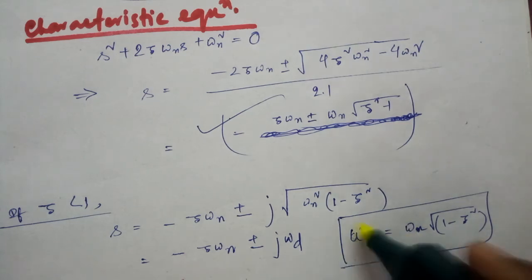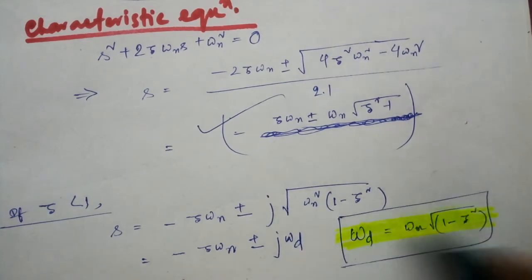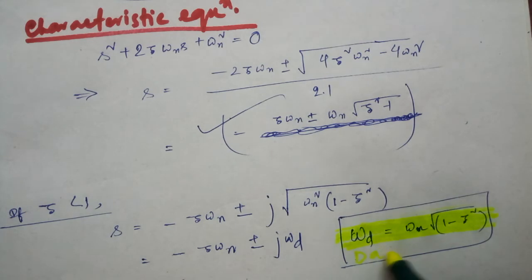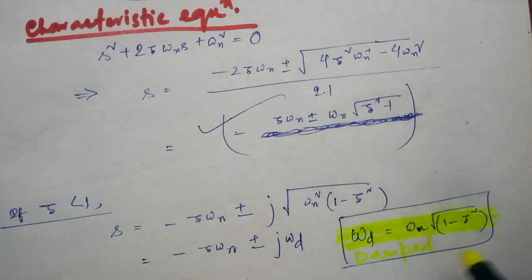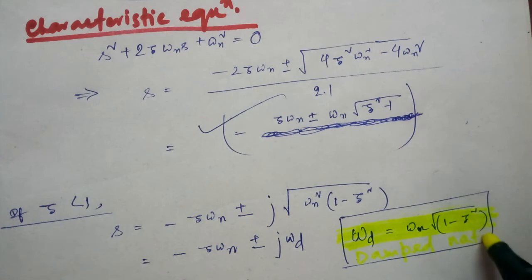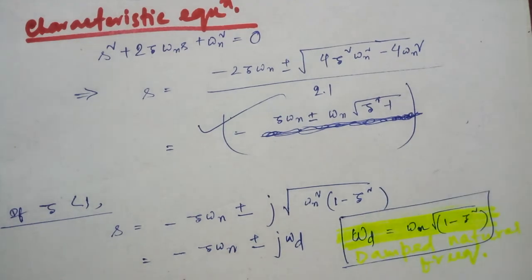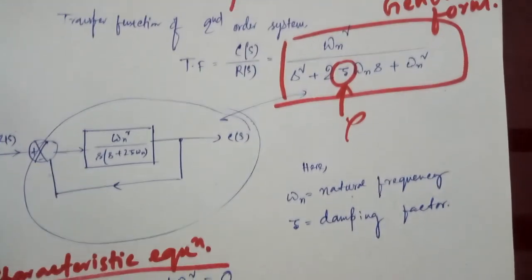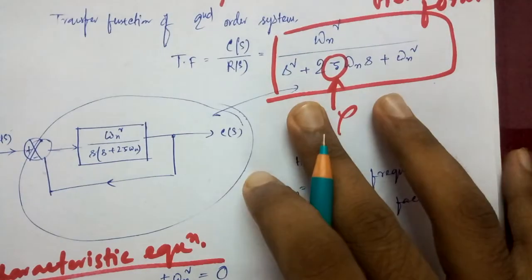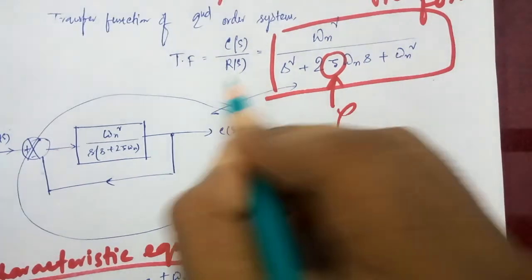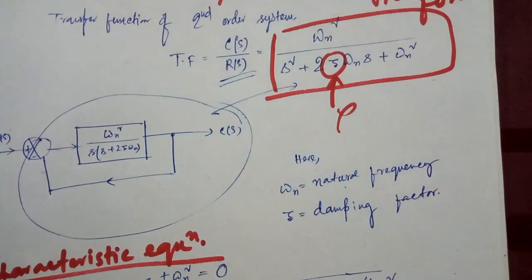This is termed as damped natural frequency. Now, if we analyze the step response of this system, we have to take input R(s) as step input.